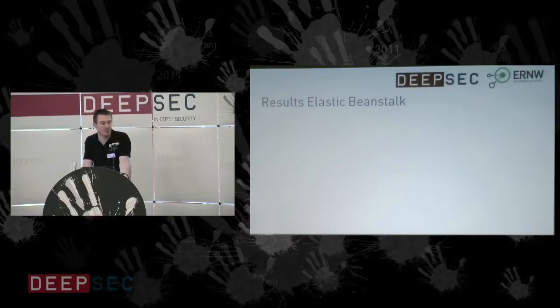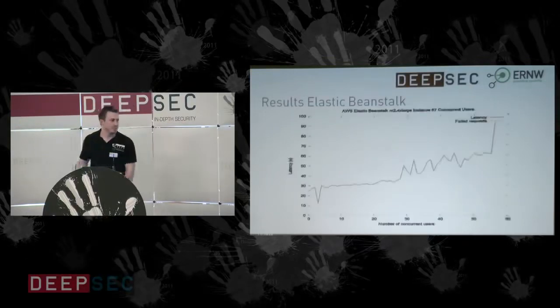So I used the biggest available instance at that time, which I think was called 4x extra large instance, with something like 70 gigabyte of RAM and 16 CPU cores. I don't remember the correct numbers, but we have this development. This development curve is basically better than the one of the Google App Engine.